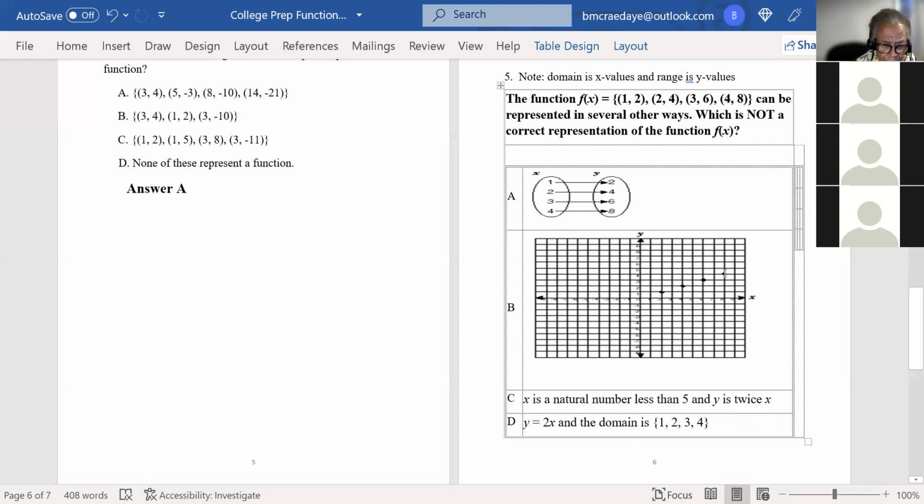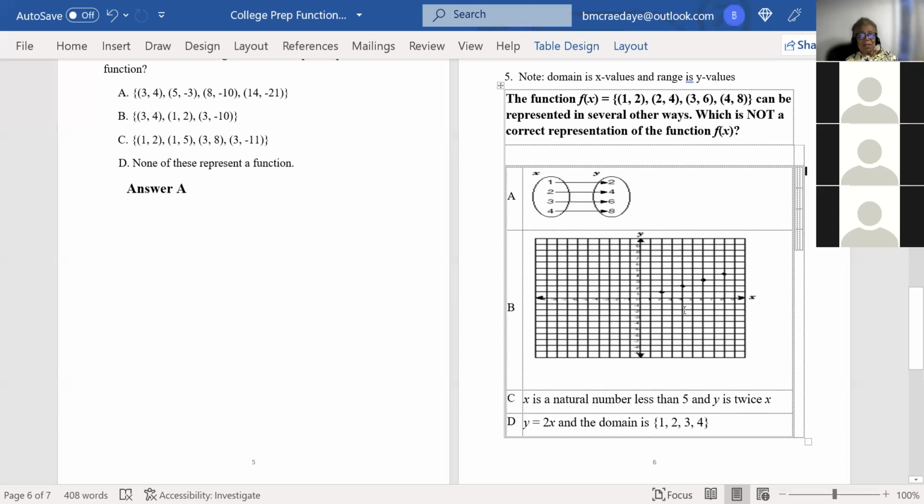Let's see. This is 1, 2, 3, 4, 5, 6, 7, 8. When X is 8, Y is 4.